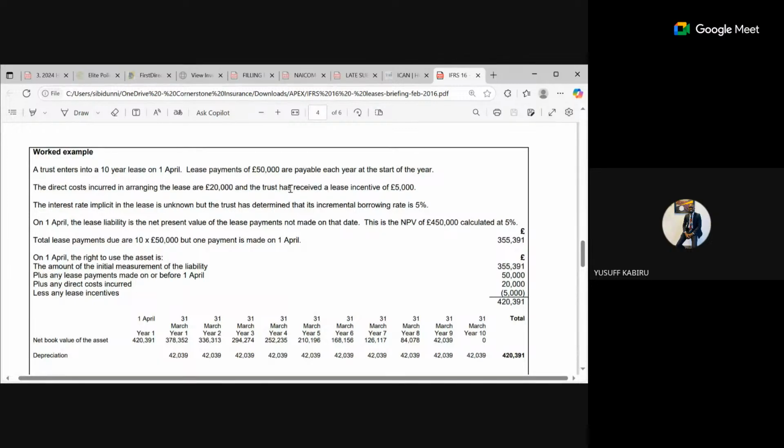Can we do an annuity of 5% for 9 years? Annuity of 5% for 9 years is 7.11.